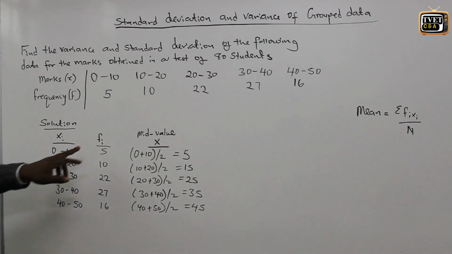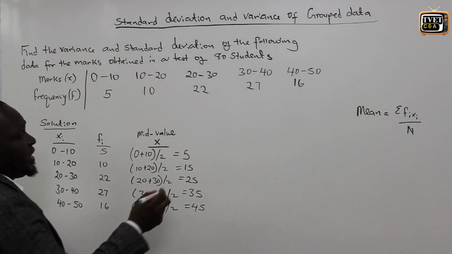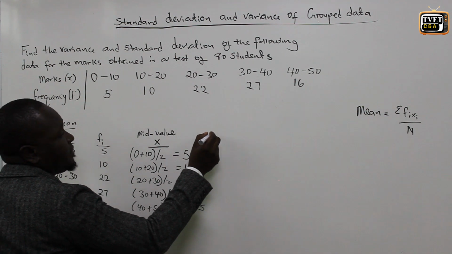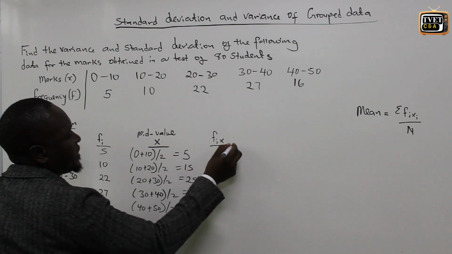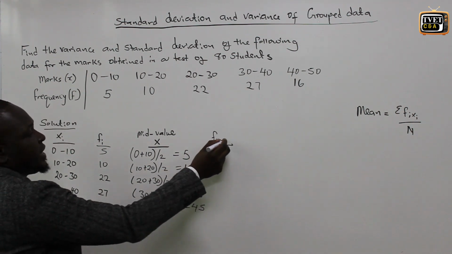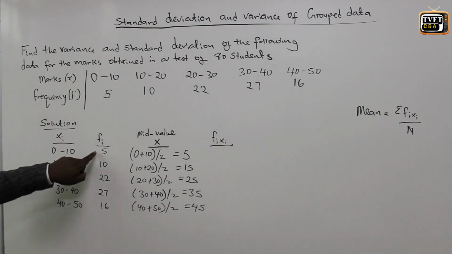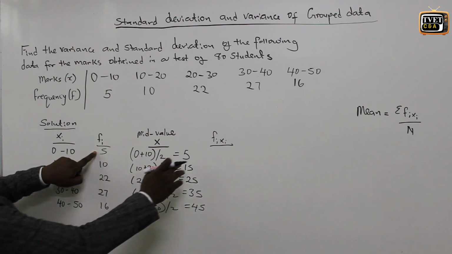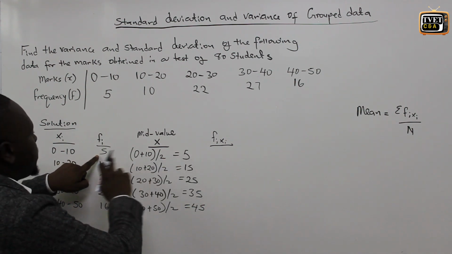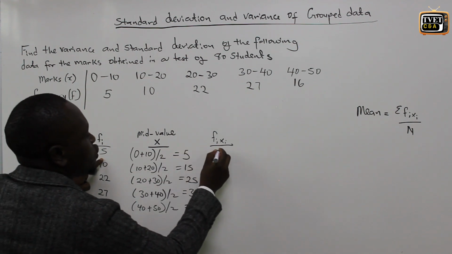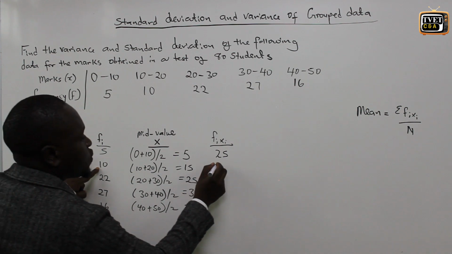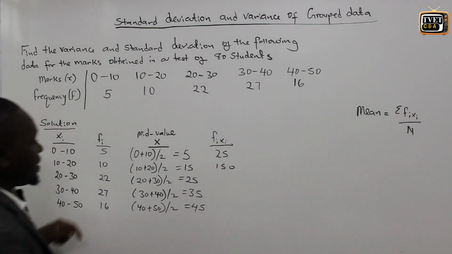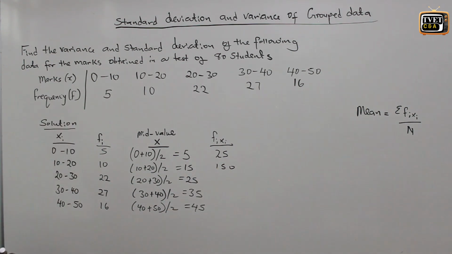Now, for us to get the fixi, you'll get the frequency times the mid value. So it will be 5 times 5, you get 25. We have 10 times 15, this is 150. Then we have 22. It will force us to have a calculator.